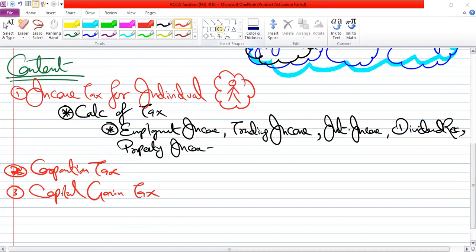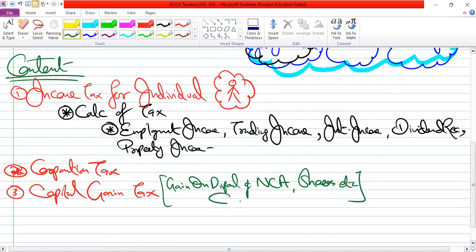So this is called capital income. Capital incomes, meaning gain on disposal of non-current assets (NCA), shares, etc. The tax which is charged on capital income is called capital gains tax.